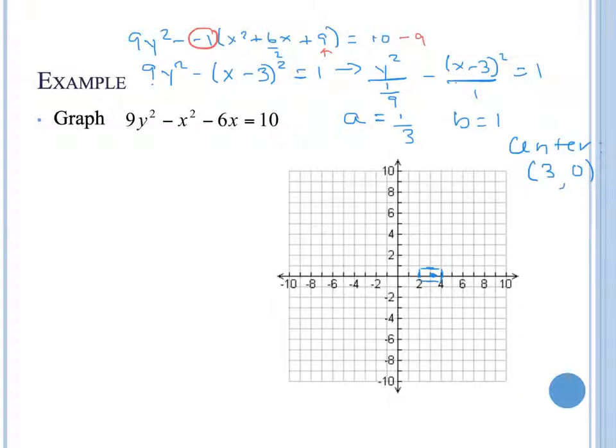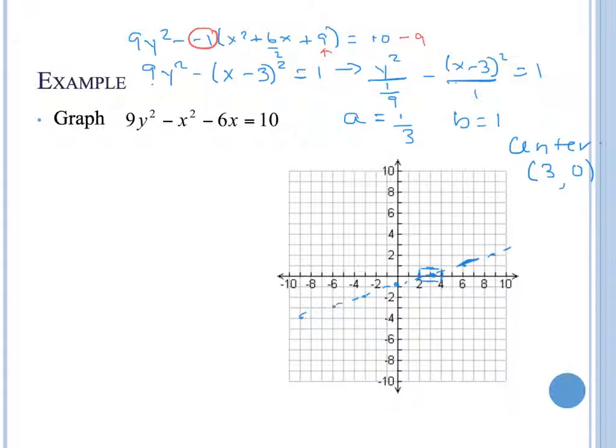So I can actually make my asymptotes from that. So up 1 over 3 from my center. Up 1 over 3. Up 1 over 3. Hope I got that right. So that's an asymptote.